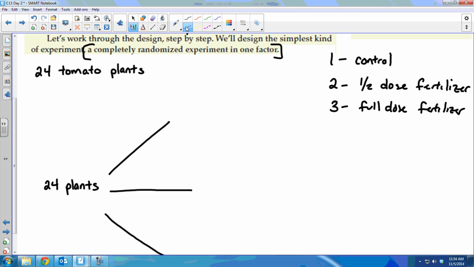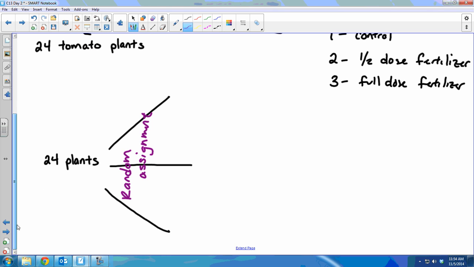So this is going to be random assignment. And we're going to have group 1, group 2, and group 3, and they're going to be 8 plants apiece.